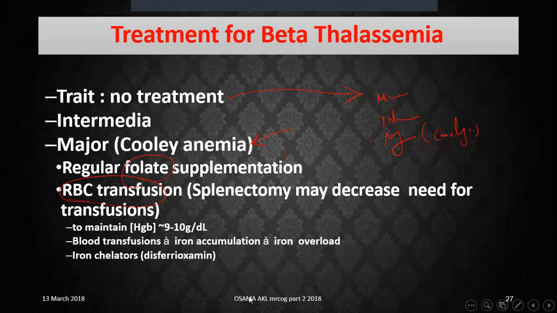And even if you have a thalassemia patient searching for pregnancy, before pregnancy, offer her intensive chelation of iron, because we don't prefer to give iron chelators during pregnancy. And if we have to give, we start after 24 weeks of pregnancy, not earlier than this.